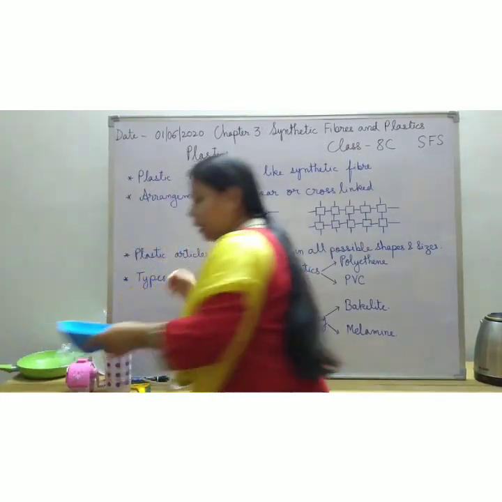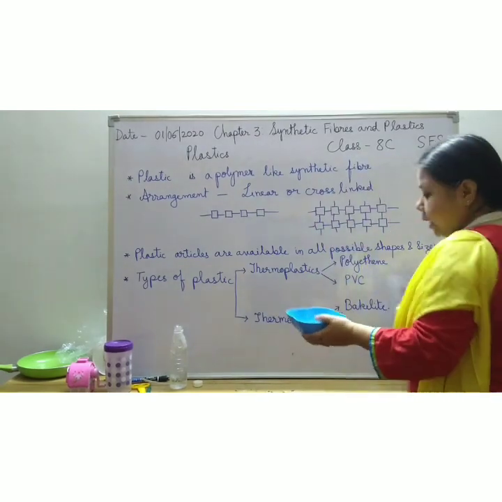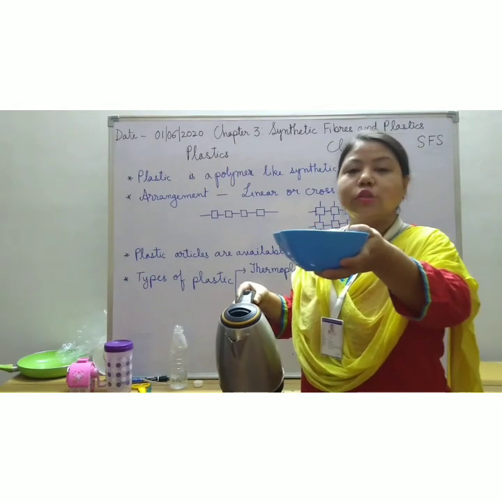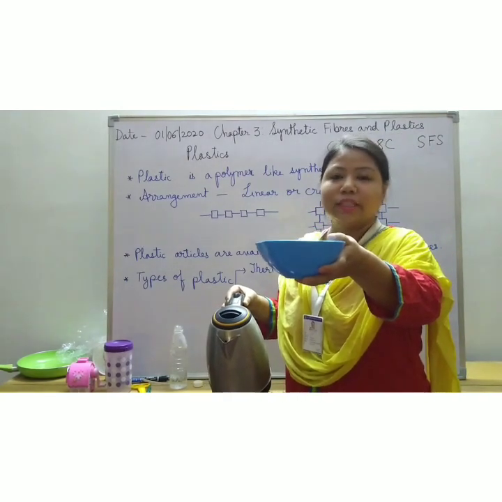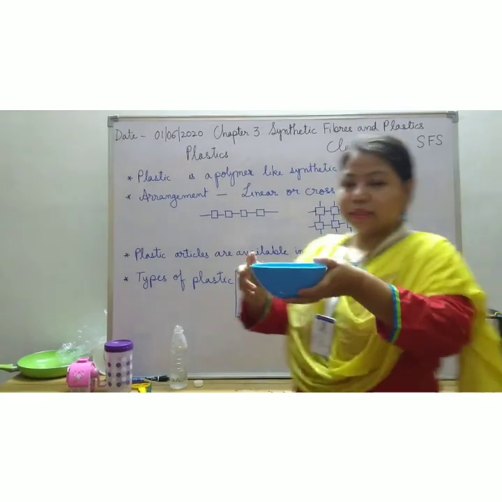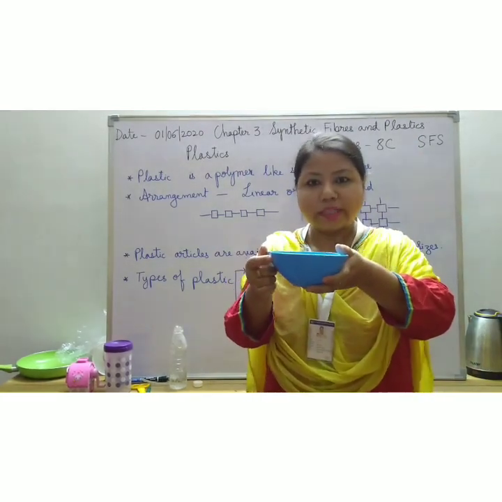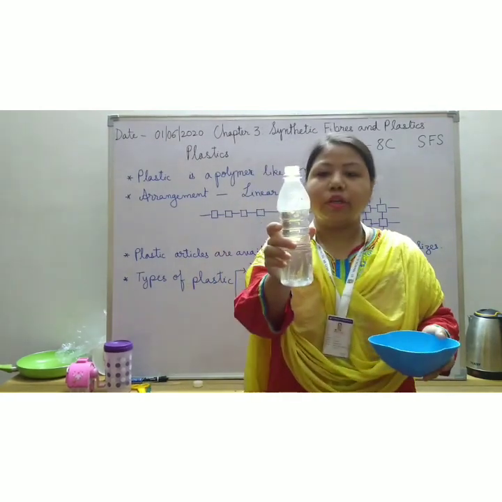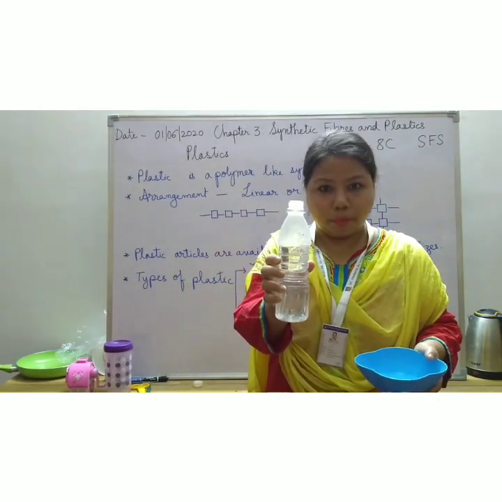But on the other hand, if I pour hot water in this plastic, you'll find that there is no effect on this plastic. That means the plastic of which this bowl is made up is different from the one which the bottle is made up of.